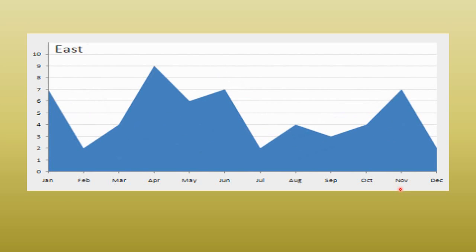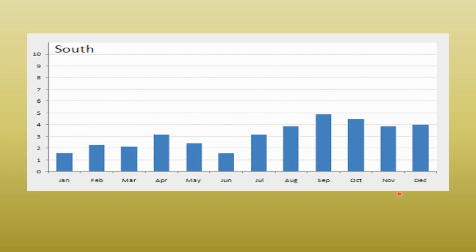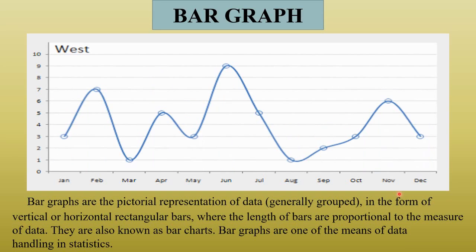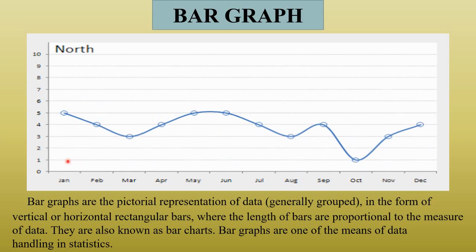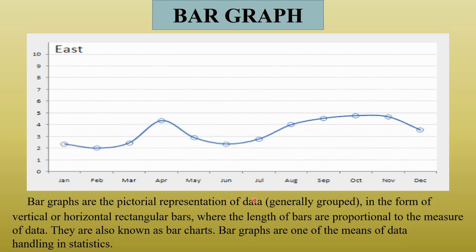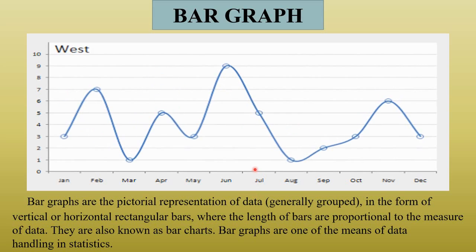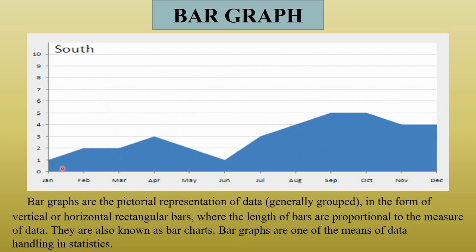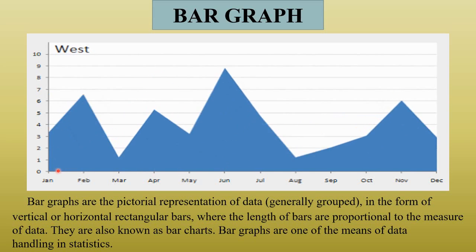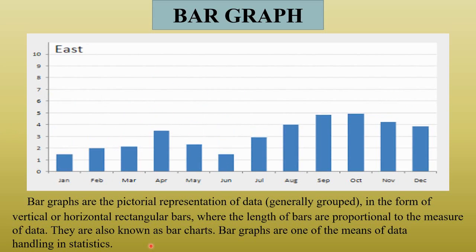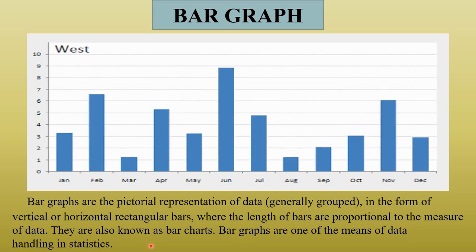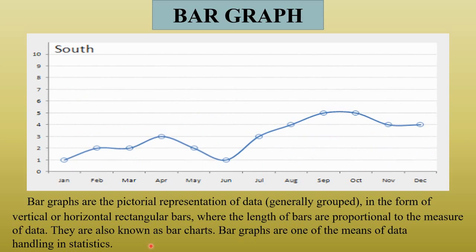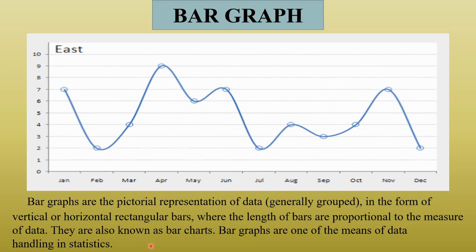Now we will see what is bar graph. Bar graphs are a pictorial representation of data, generally grouped, in the form of vertical or horizontal rectangular bars where the length of bars is proportional to the measure of data.